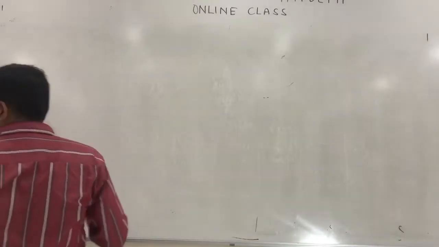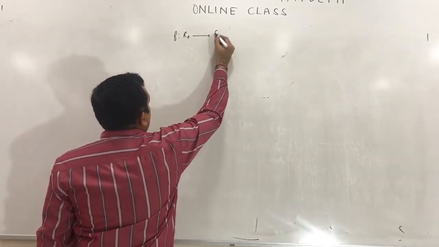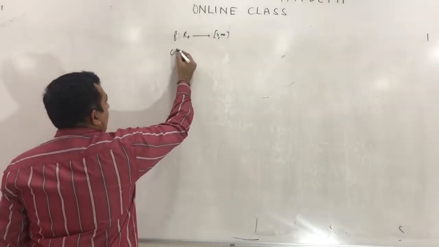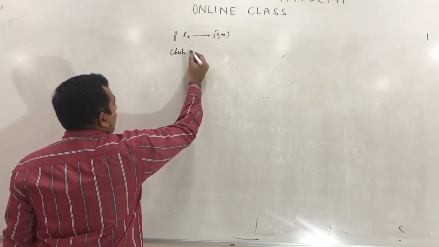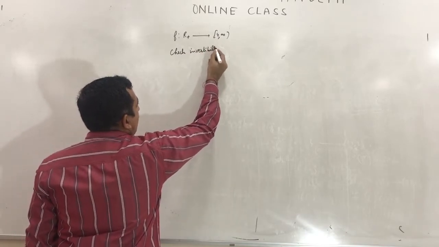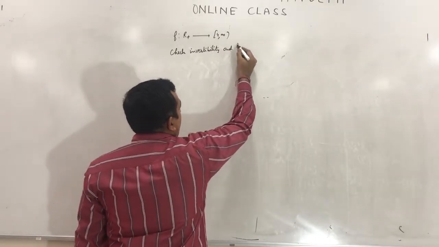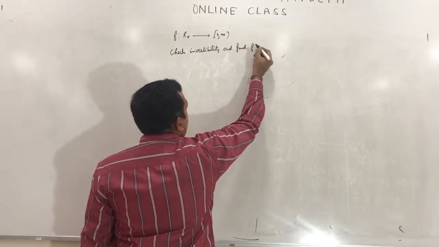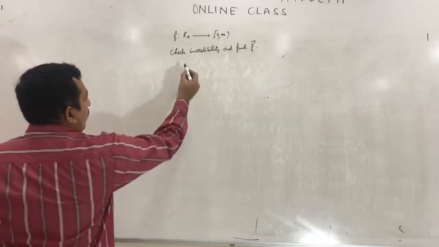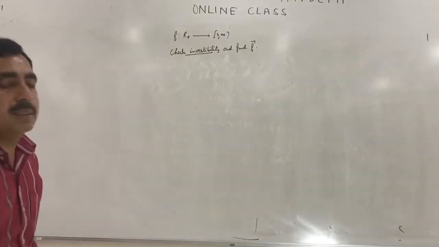Next example. Let f be a function. Check invertibility and find the inverse. When the question is check invertibility, it means you have to check one-one and onto, and then find out the inverse.